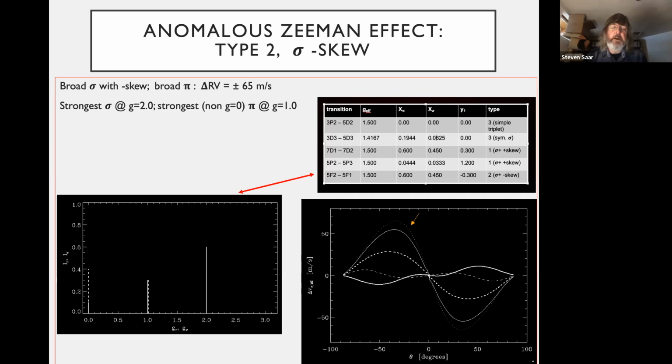And you've got the strongest sigma component at G of 2, the strongest pi component that is split at G of 1, and that's probably the highest combination of those two among all 5 of these lines.